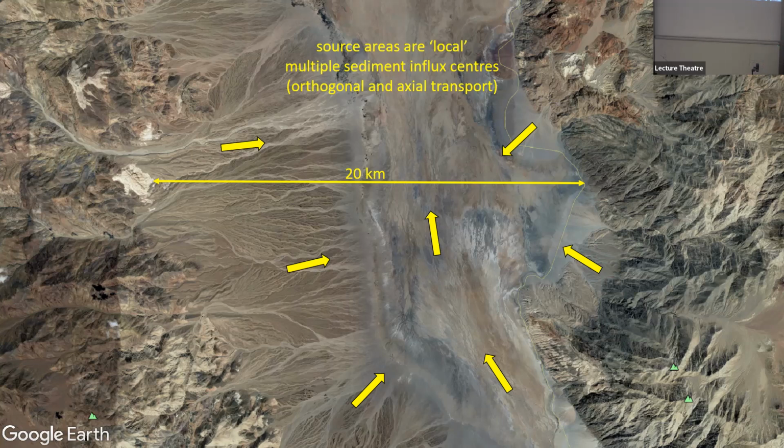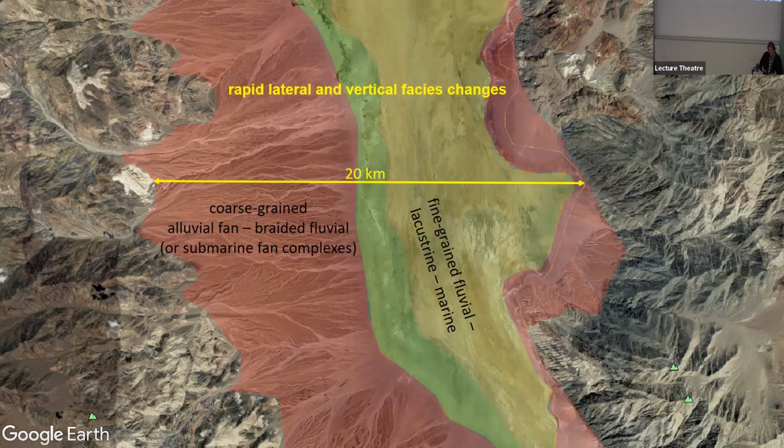And if we think about what's happening to those sedimentary packages as they feed laterally, they undergo fairly rapid facies changes. So you go from very coarse alluvial fan and braided fluvial into very fine-grained lacustrine muds, or if you want to do submarine instead of subaerial, subaqueous complexes, submarine fans into marine basinal settings.